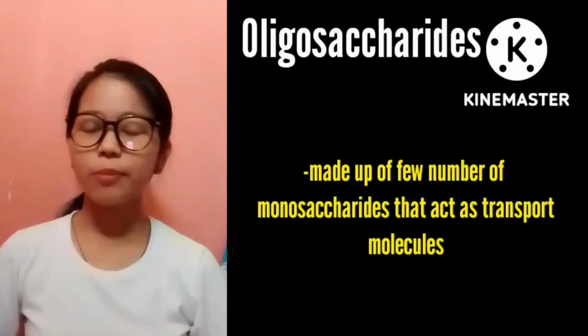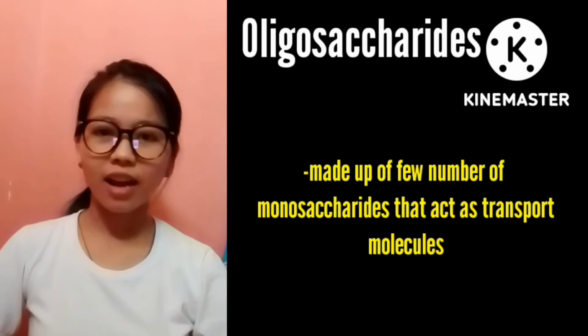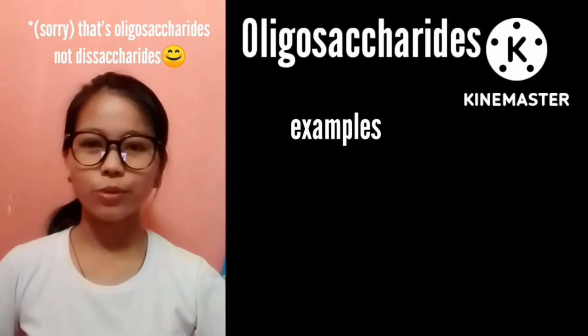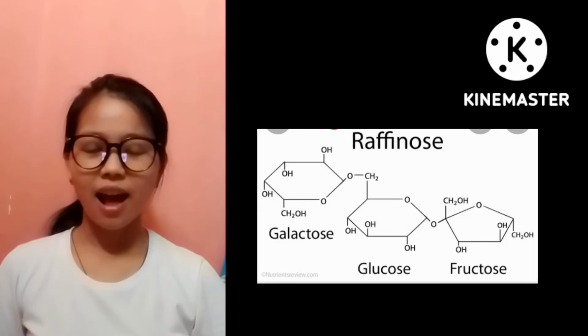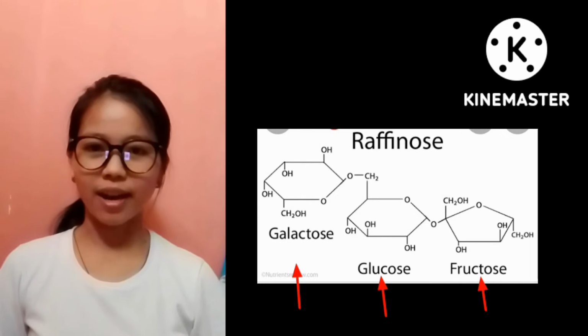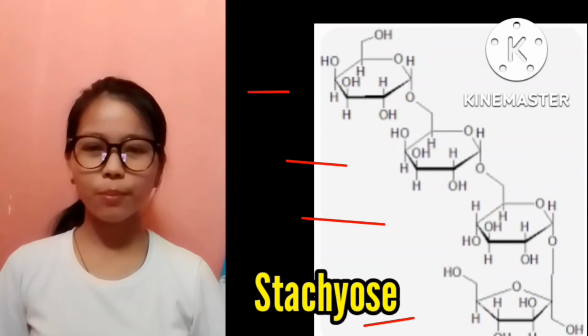So next we have the oligosaccharides, which are made up of few number of monosaccharides that act as transport molecules. Examples of the oligosaccharides include raffinose and stachyose. So raffinose has 3 monosaccharides, while stachyose has 4 monosaccharides.